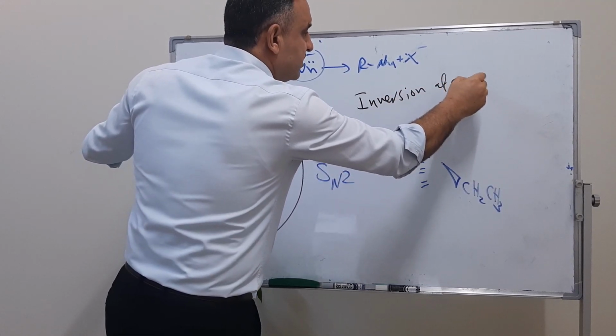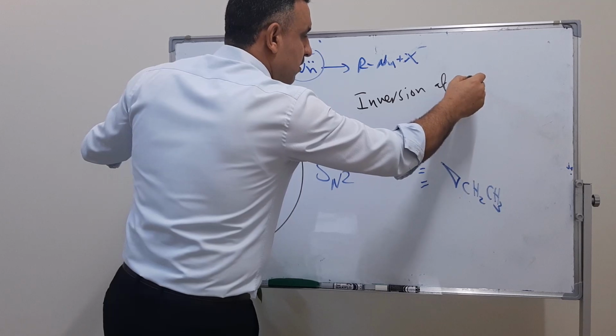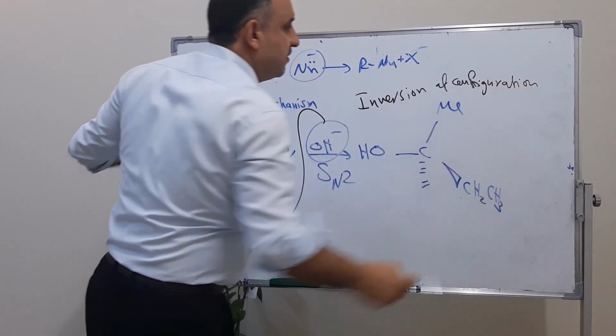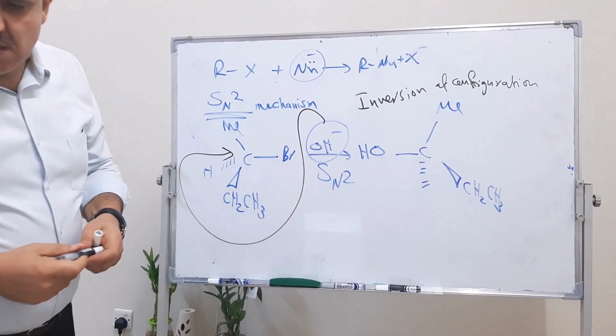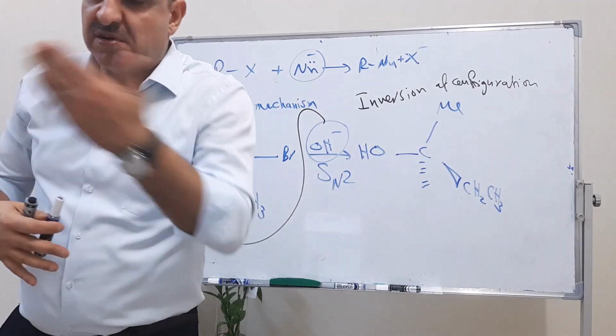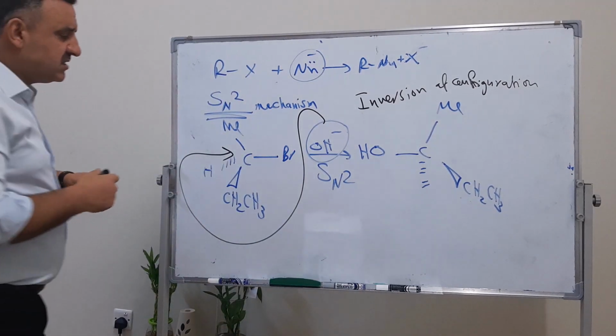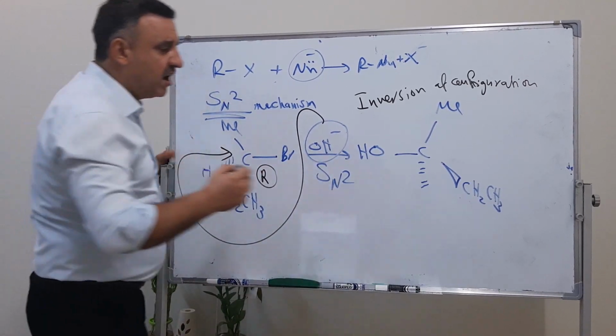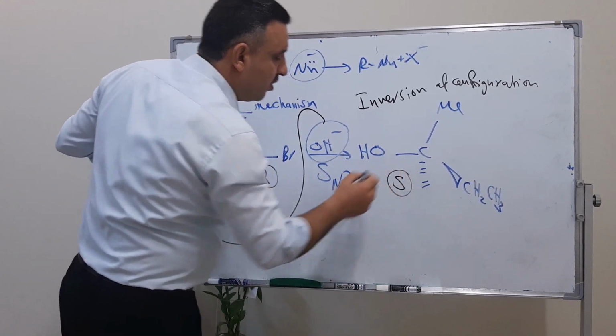Inversion بالعربي. What's the meaning of inversion? To invert something, as if it is the opposite of the configuration. So the configuration of this stereocenter was R, and therefore we must get S.